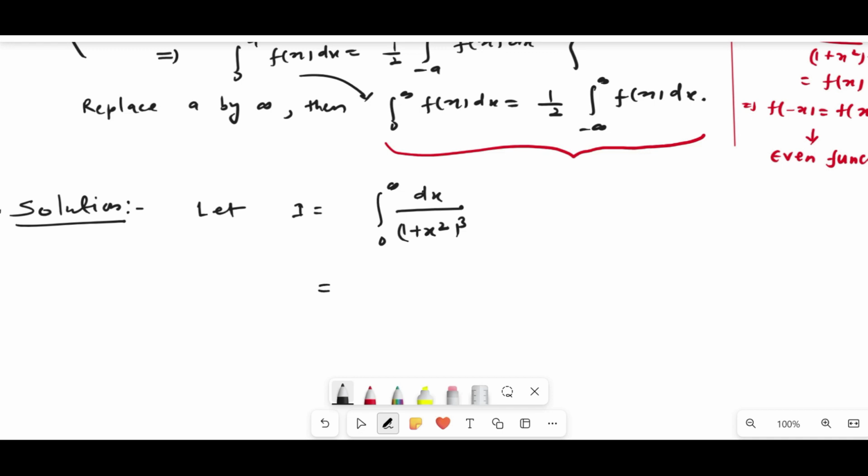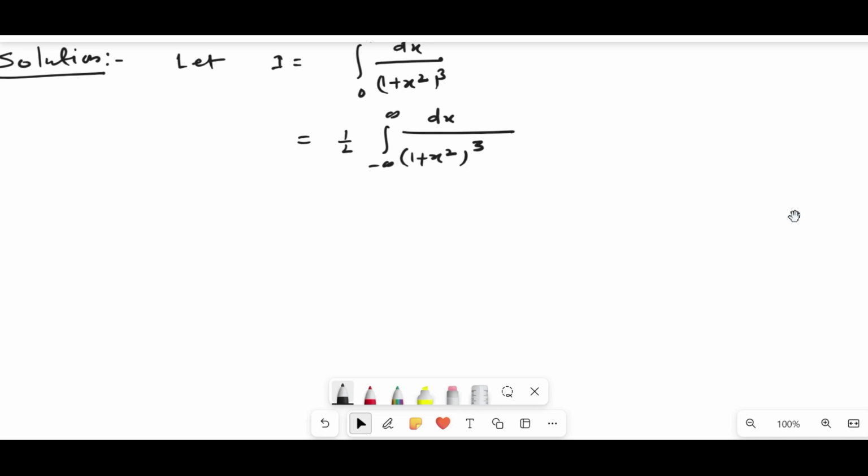By using the above concept, this can be written as 1 by 2 times the integral from negative infinity to infinity of dx upon (1 plus x squared) to the whole power 3. Now this is our integral 1.